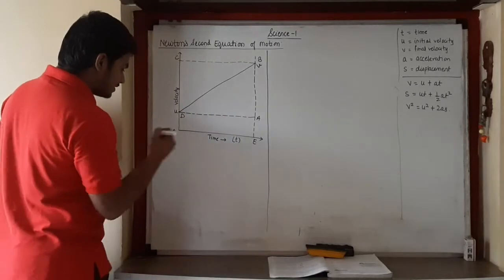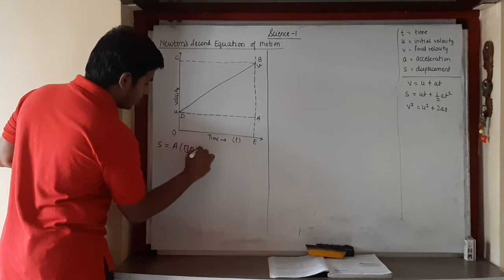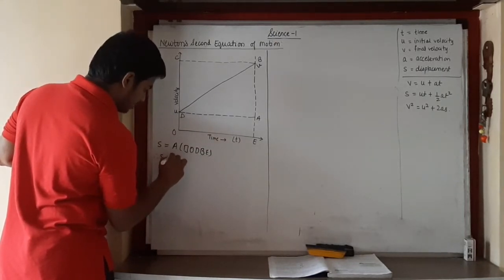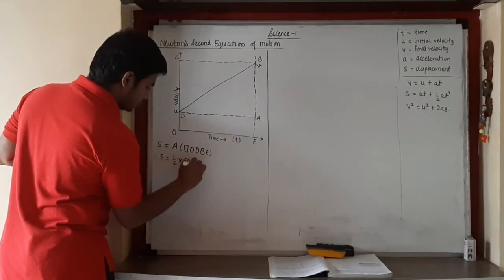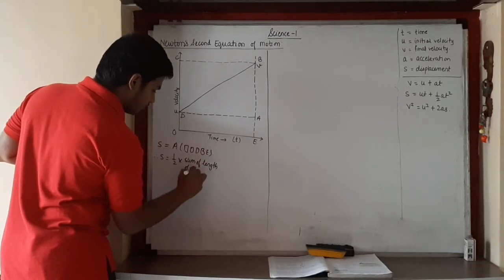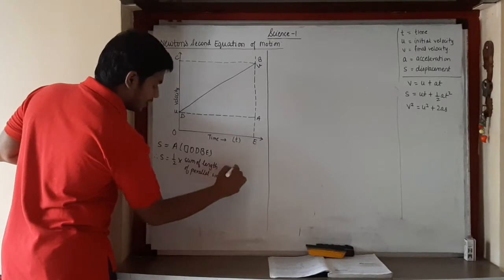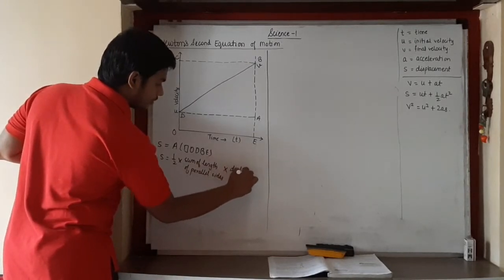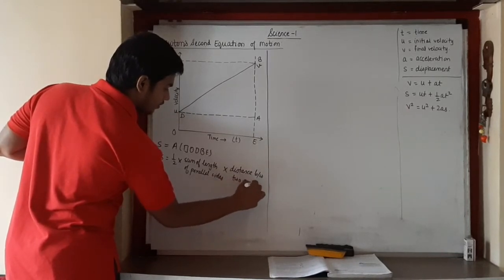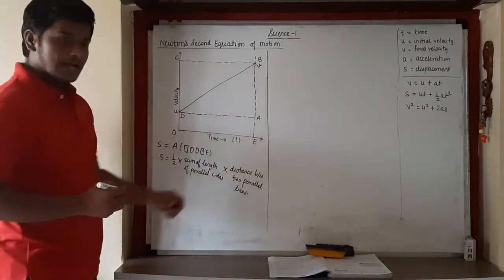Okay, so let us start, students. Displacement is nothing but area of quadrilateral ODBE. Okay, so therefore s equals half into sum of length of parallel sides multiplied by distance between two parallel lines, that is the height.